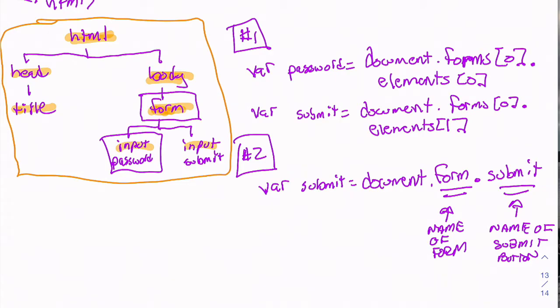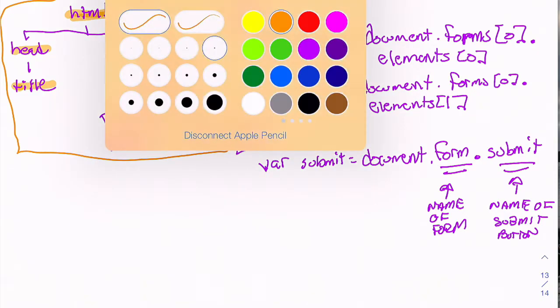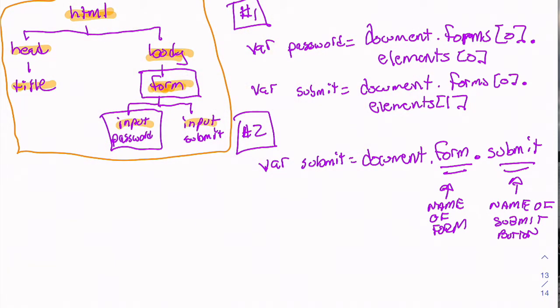All right. So those two are kind of cool. What you're doing is structurally navigating the elements in the document object model, right? If I say document, I'm talking about this whole thing here. Document really means the entire HTML document.